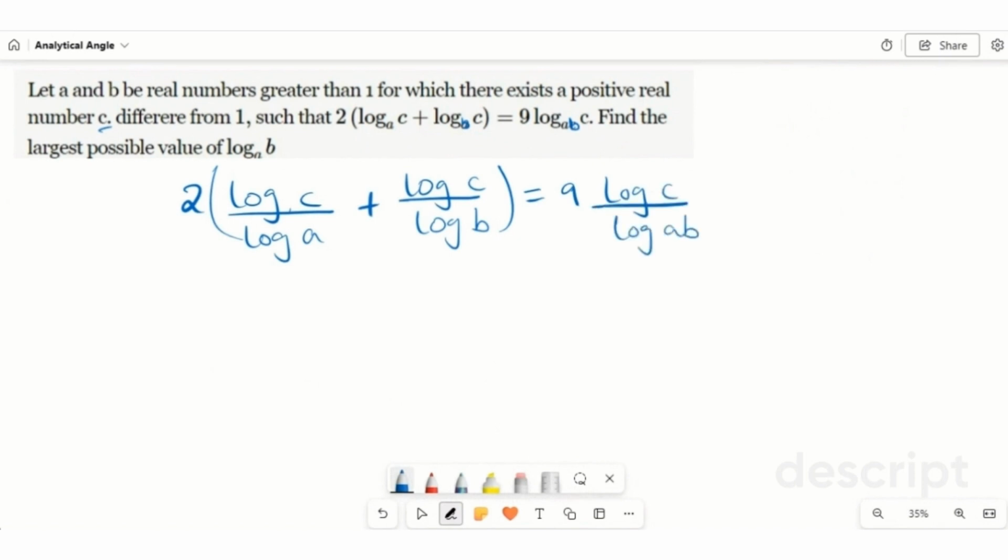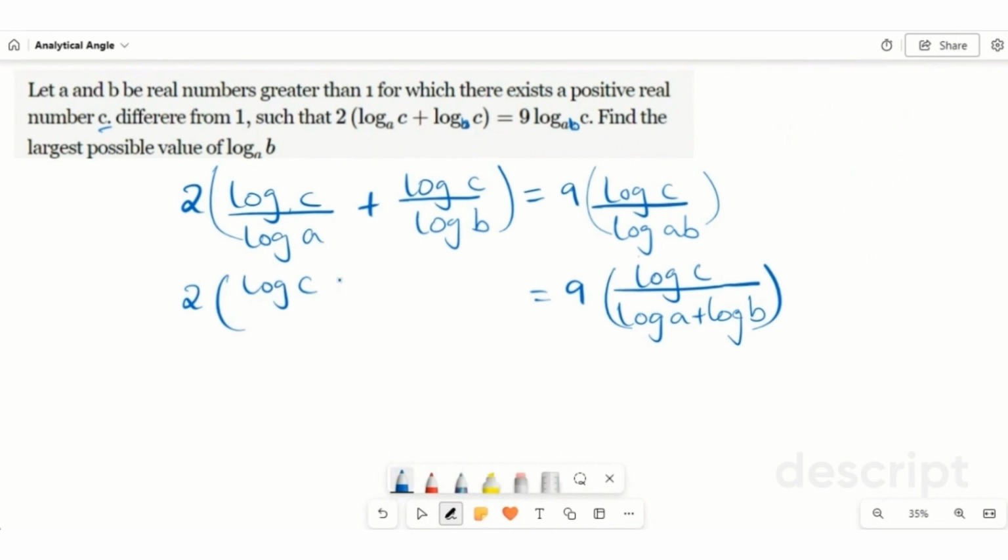Using the change of base rule, we can break log AB as log A plus log B in the RHS, and it becomes 9 log C by log A plus log B. And for the left hand side, we can write it as 2 (log C into log B plus log C into log A), entire thing upon log A into log B. So this becomes our simplified version of the left hand side and right hand side.